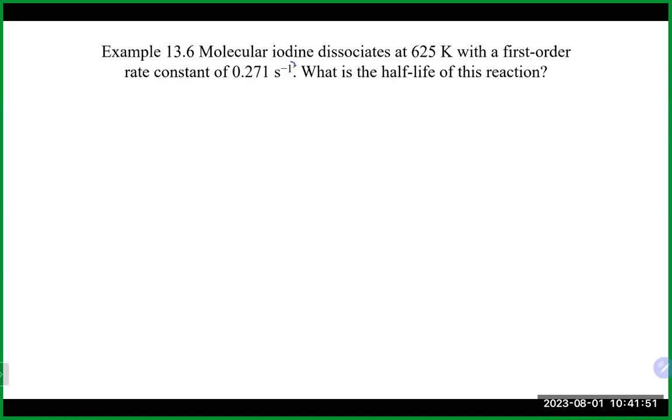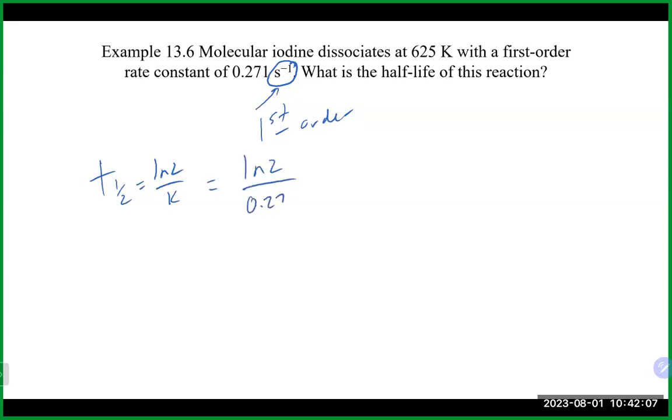Once again, we could just look at the rate constant units and know that it is first order, which means we would want to use the half-life equation associated with it, which is the natural log of 2 divided by the rate constant.